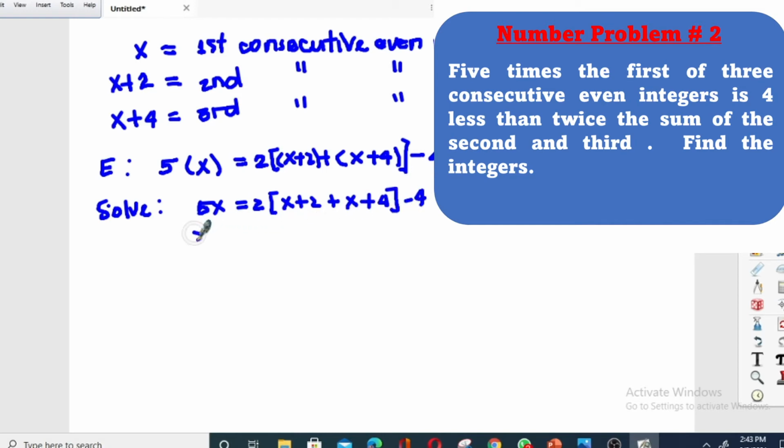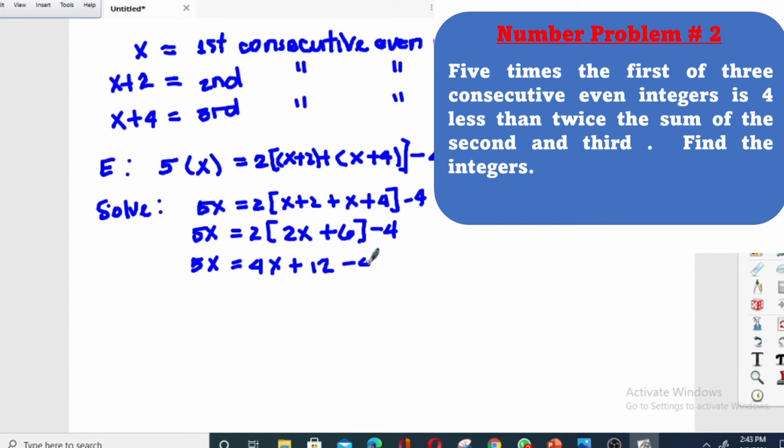Let us combine similar terms. x plus x is 2x, plus 4 plus 2 is 6, minus 4. And 5x is equal to 2 multiplied by 2x is 4x plus 12. 6 times 2 is 12.